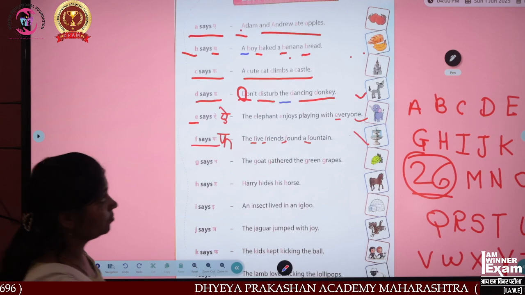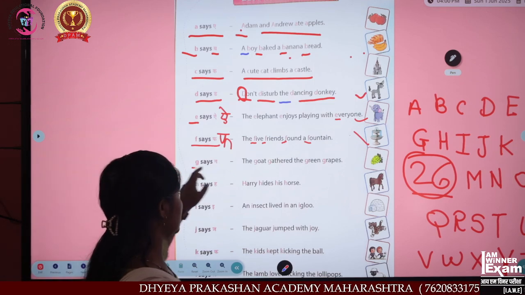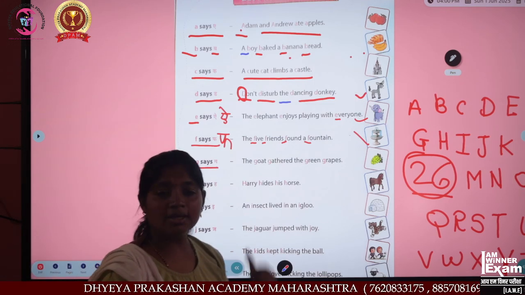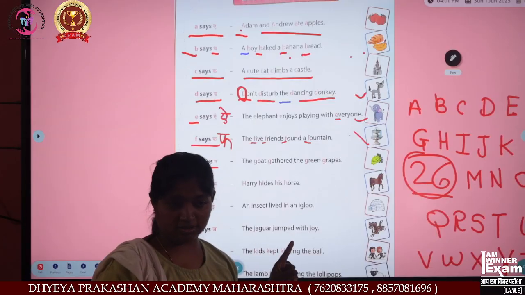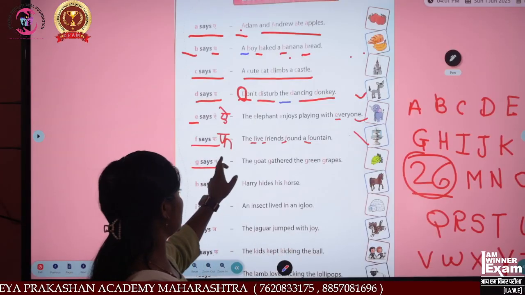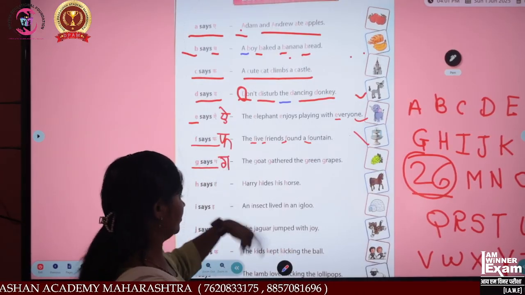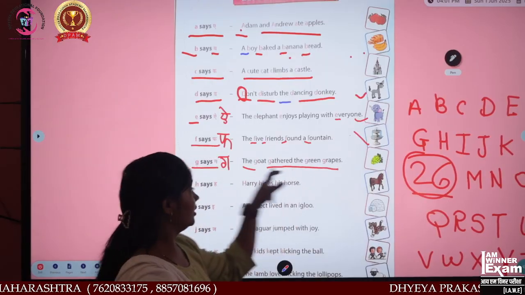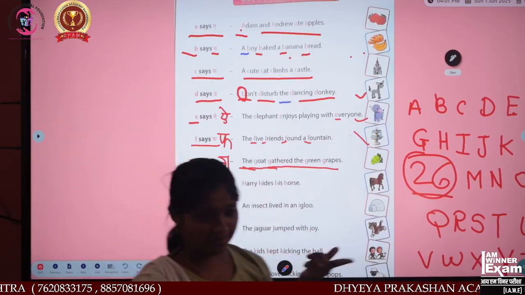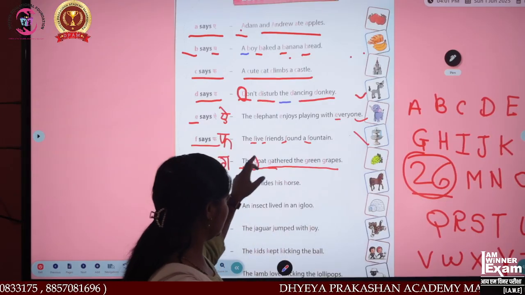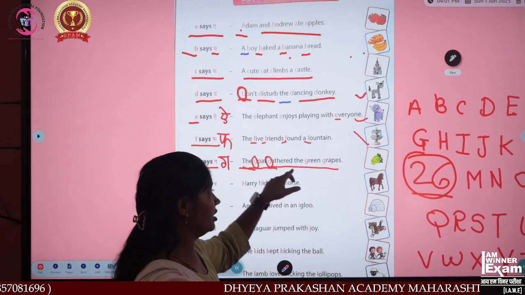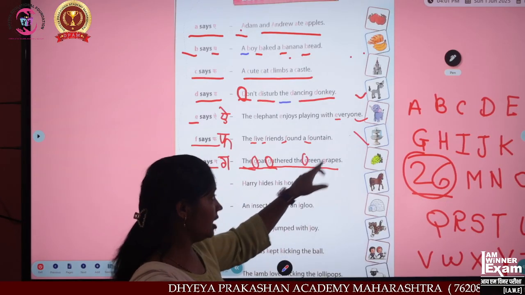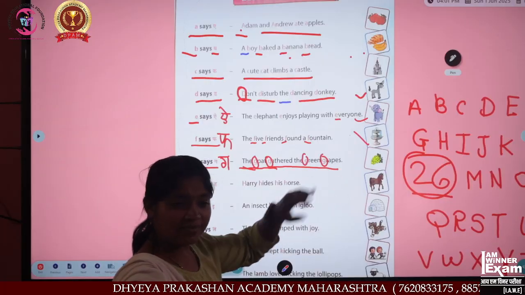Next is G says G. The goat gathered the green grapes. G, goat, gather, green, grapes.